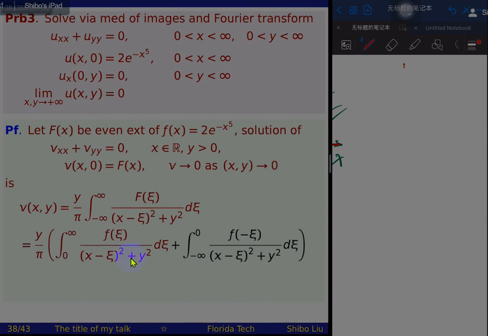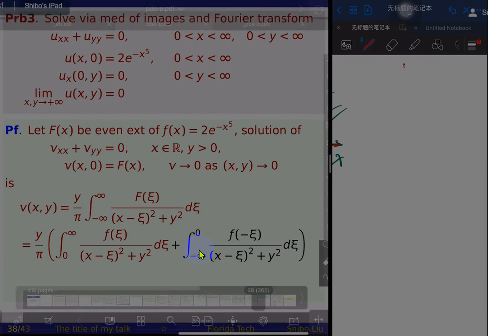The other integral is from minus infinity to 0. In this region, because capital F is the even extension of small f, capital F of xi equals small f of minus xi. So this is the first step.